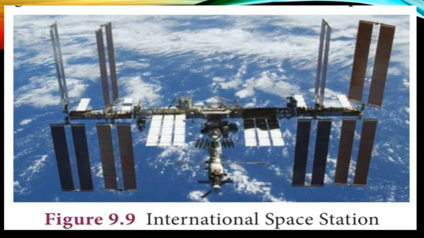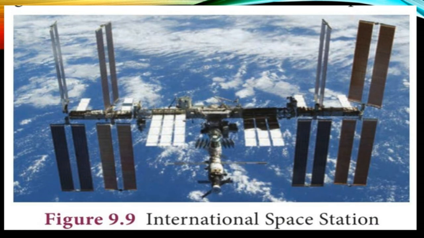International Space Station, ISS, is a large spacecraft which can house astronauts. It goes around in low Earth orbit at approximately 400-kilometer distance. It is also a science laboratory. Its very first part was placed in orbit in 1998 and its core construction was completed by 2011.